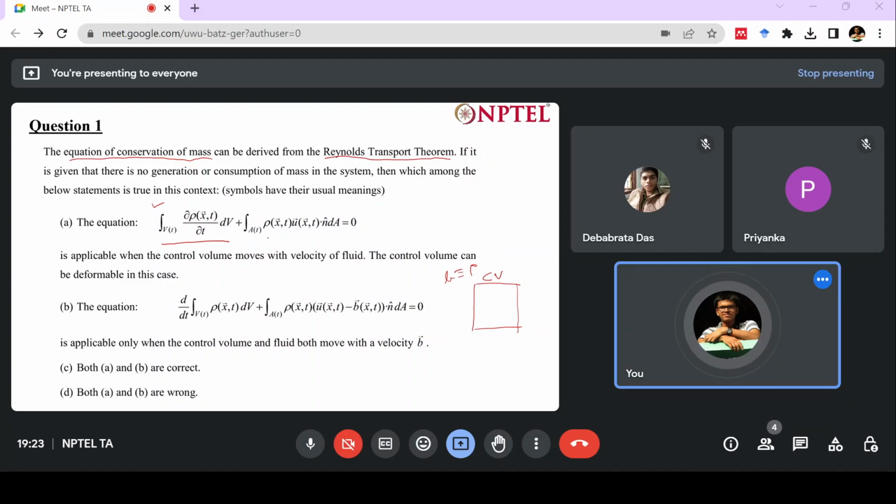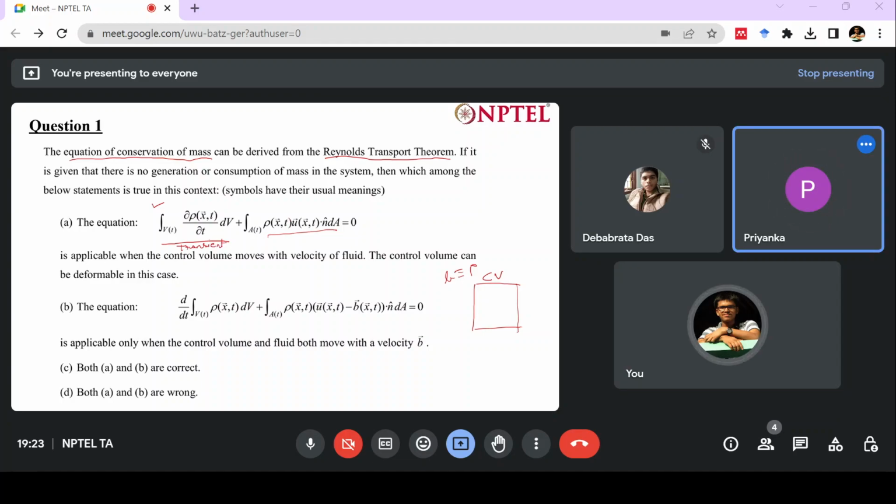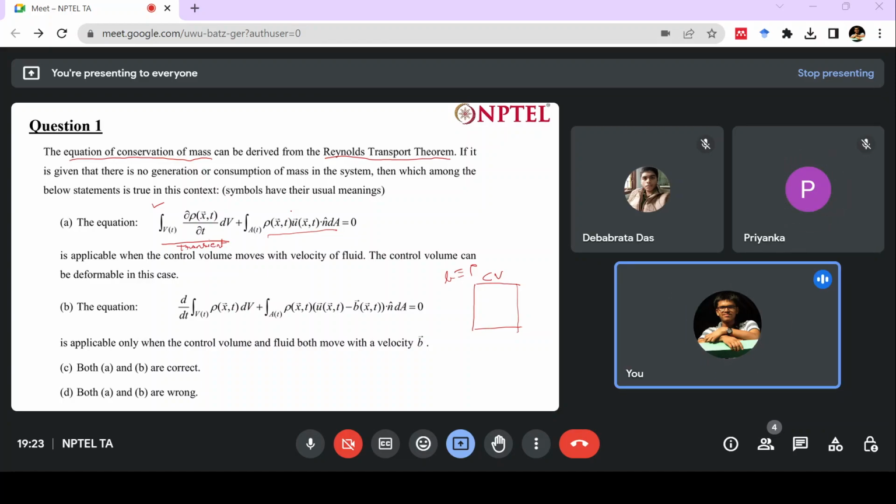What is the second term? Flow rate. Yes. If there is some increase or decrease happening inside my control volume, then it must be happening due to some reason.